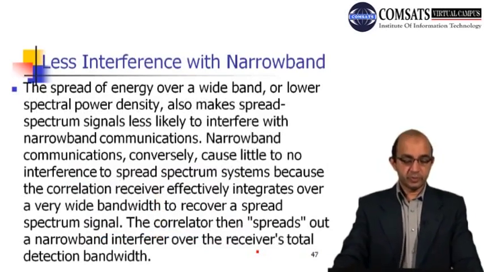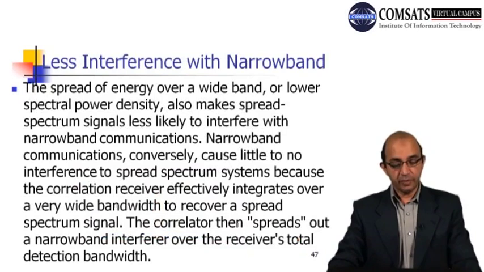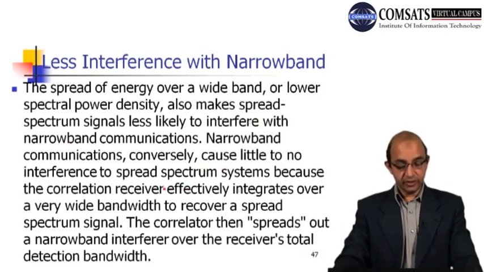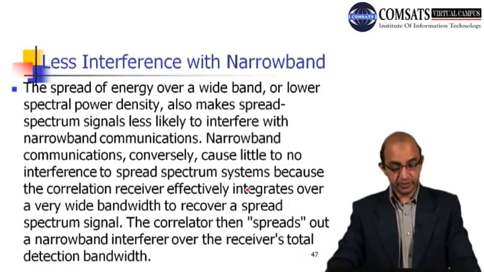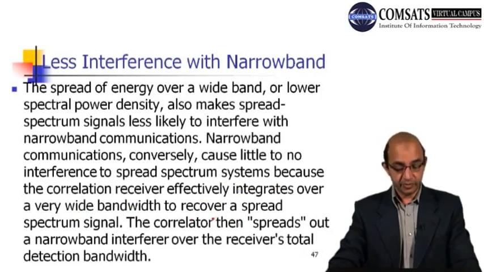The spread of energy over a wide band makes spread spectrum signals less likely to interfere with narrowband communications. Narrowband communications conversely cause little or no interference to spread spectrum systems because the correlation receiver effectively integrates over a wide bandwidth to recover a spread spectrum signal.